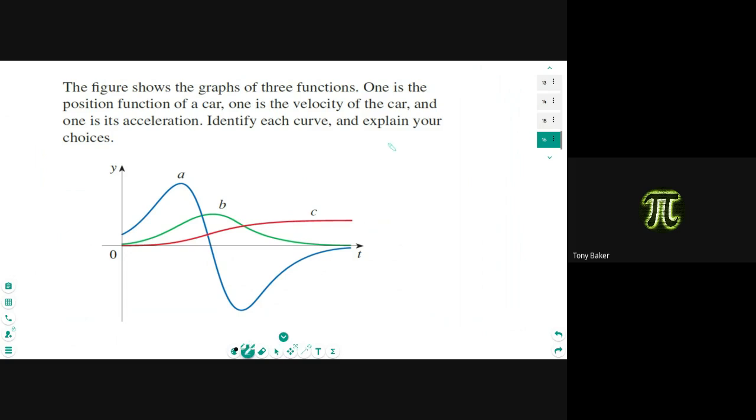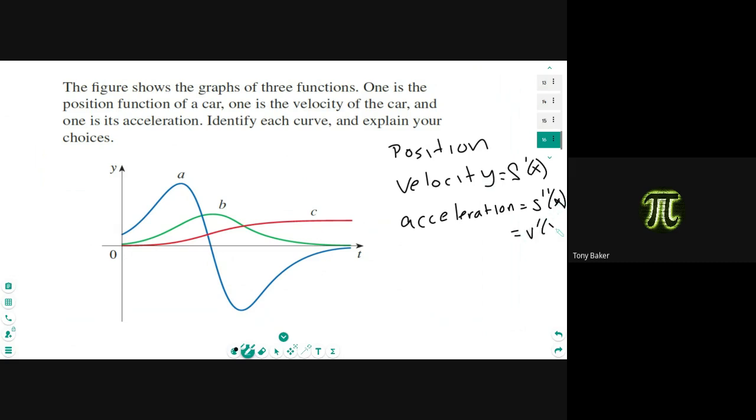Remember, we have position, velocity, which is basically s prime, technically, and then acceleration, which is the second derivative, or the derivative of the velocity.